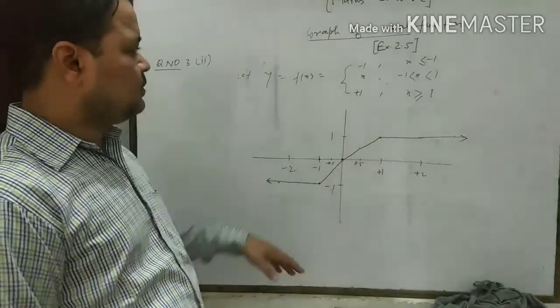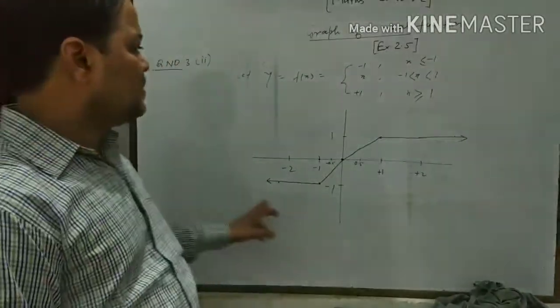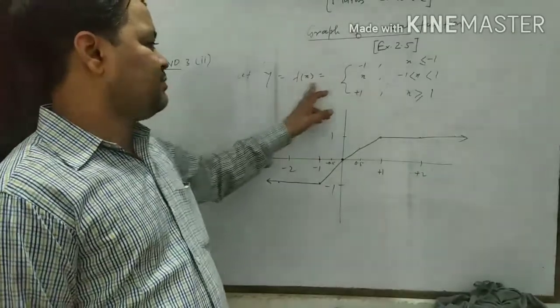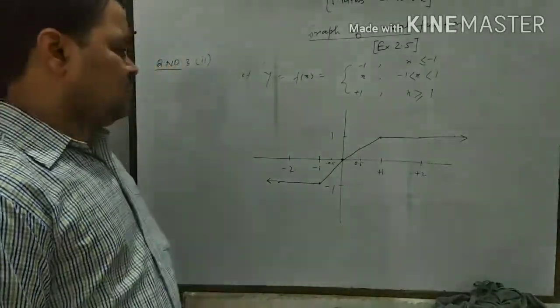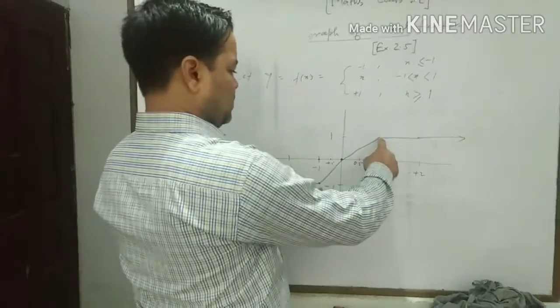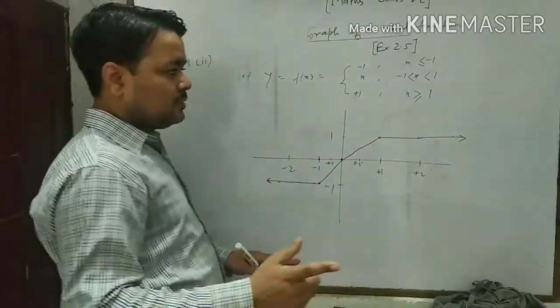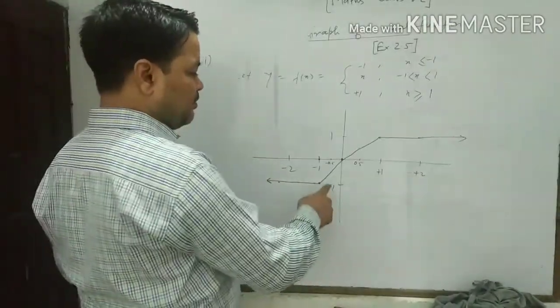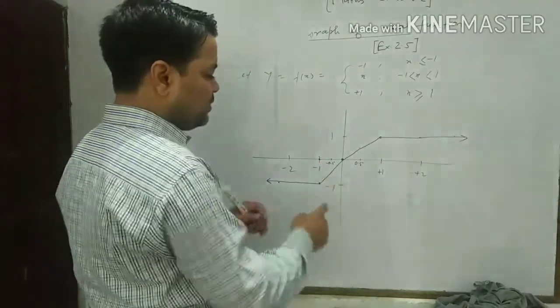So this is the graph of this type of function. This represents the values of x in between minus 1 and 1.